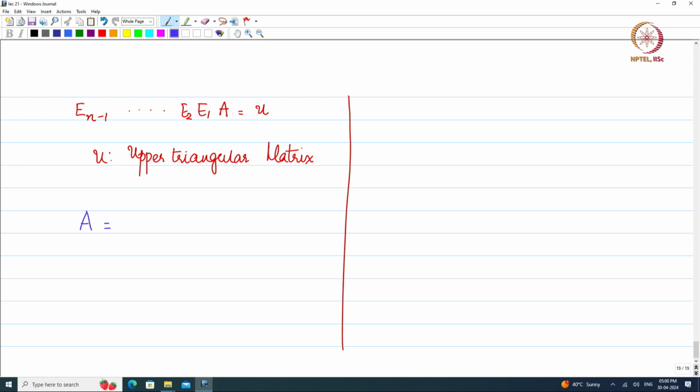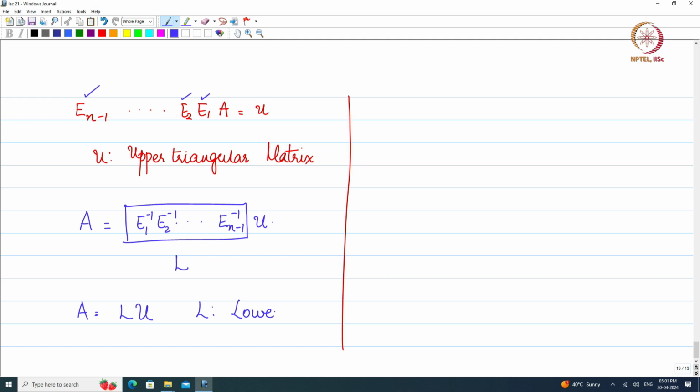Therefore, each of these elementary row operations, E1, E2, up to E n minus 1, is invertible. So I am going to write this as E n minus 1 inverse, and so on, E2 inverse, E1 inverse into U. Now, if we look at the product of the inverses of these matrices, we basically end up getting this lower triangular matrix L. So, we have A is equal to LU, where L is a lower triangular matrix.